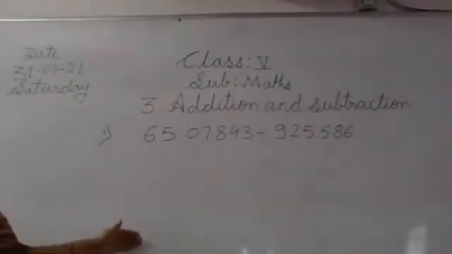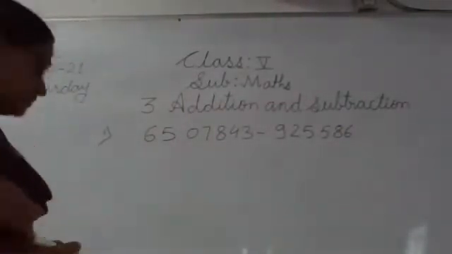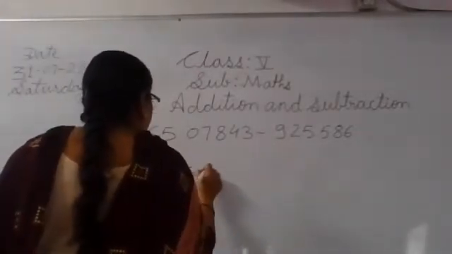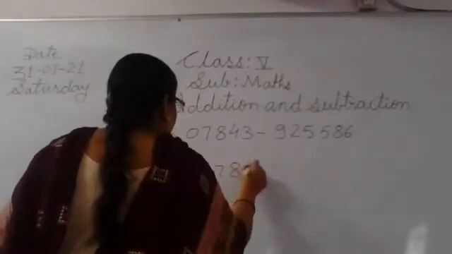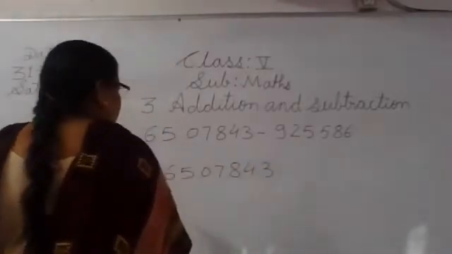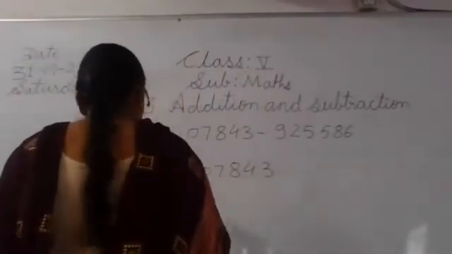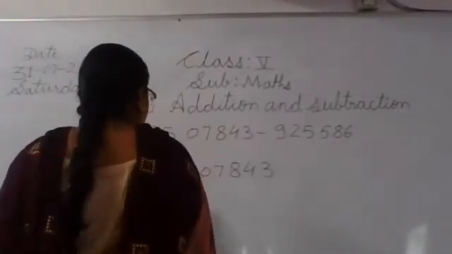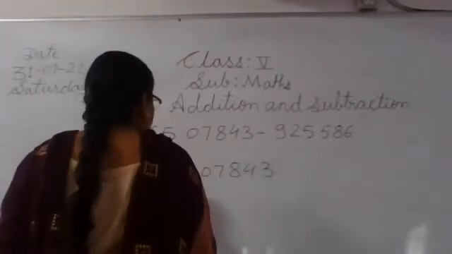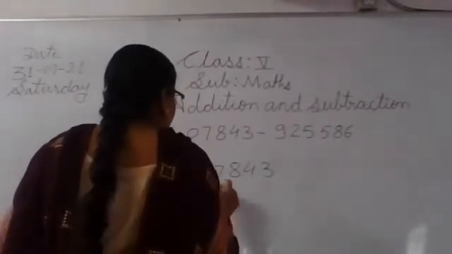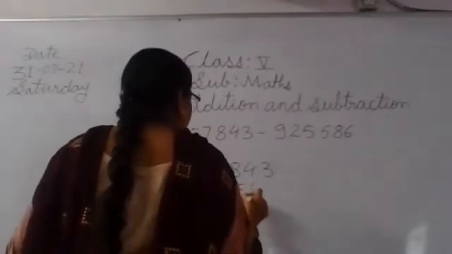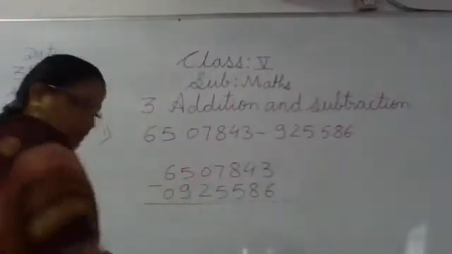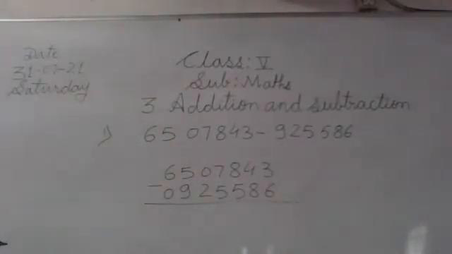So we will arrange these numbers vertically and then solve. So it is 65 lakh and it is 9 lakh. So it is the question.